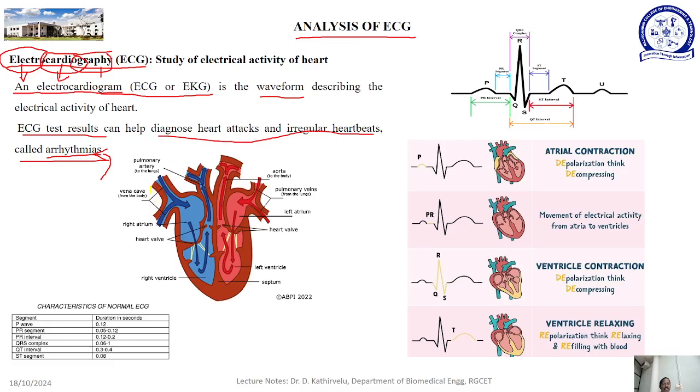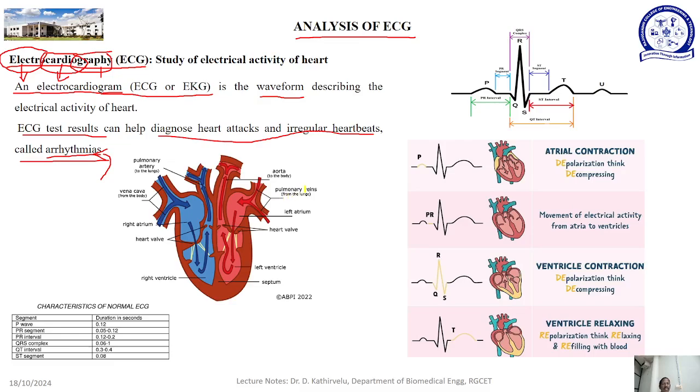All the impure blood from the superior vena cava, inferior vena cava, and coronary sinus reaches the right atrium, and the atrium gets filled up. Similarly, at the same time, on the left side of the heart, the pure blood after purification reaches the left atrium through the pulmonary veins.